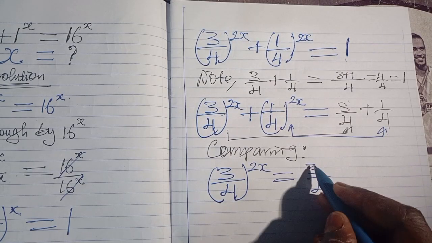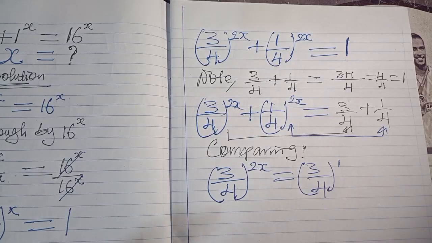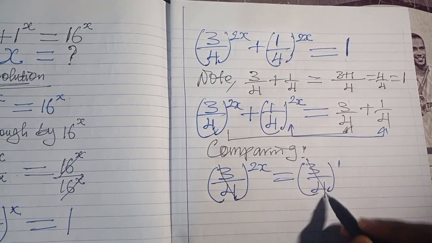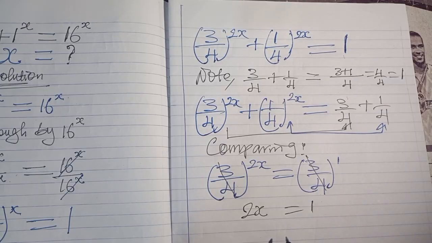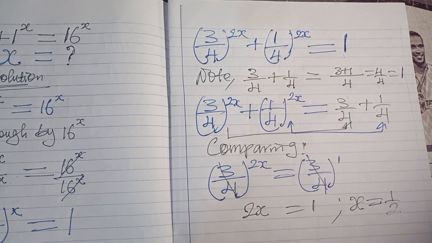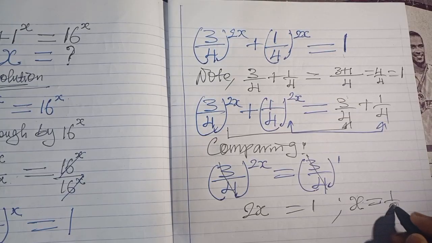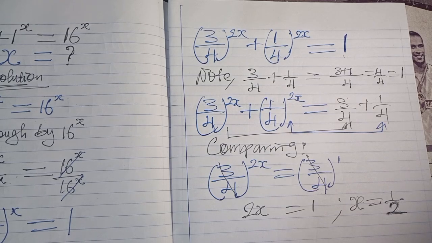This is the same as (3/4)^1. So this can go, this can go. We have 2x is equal to 1, so that x will be equal to 1/2. So we have 1/2 here.